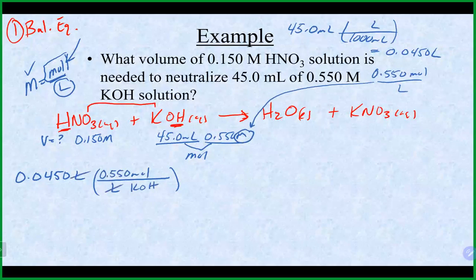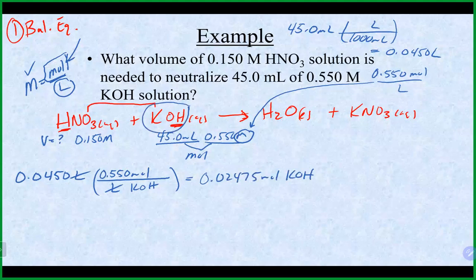That is going to cancel out our liters. And we will end up with 0.045 times 0.55, which is going to give us 0.02475 moles of KOH.